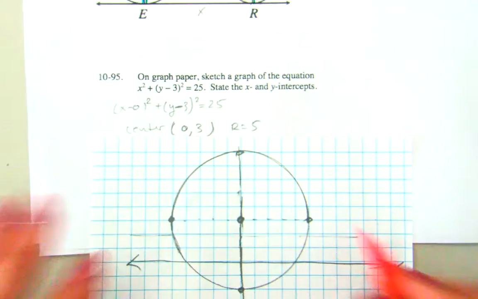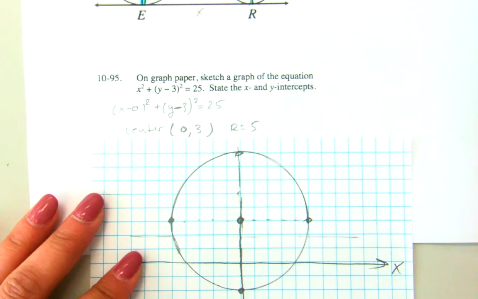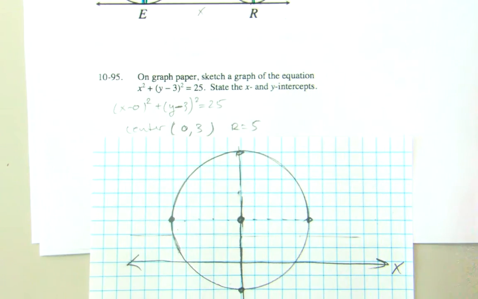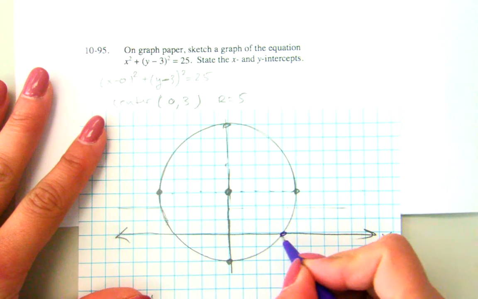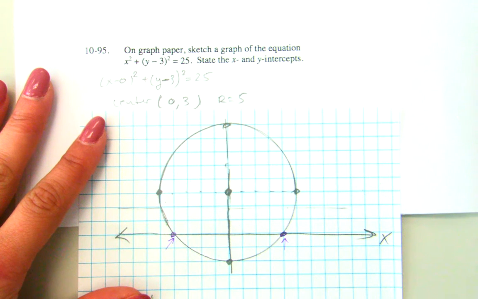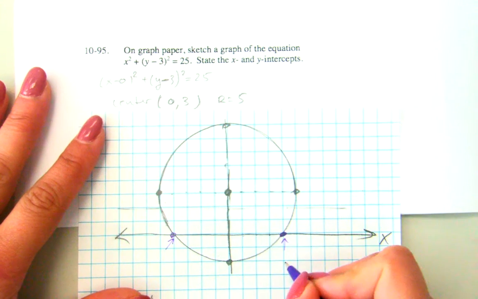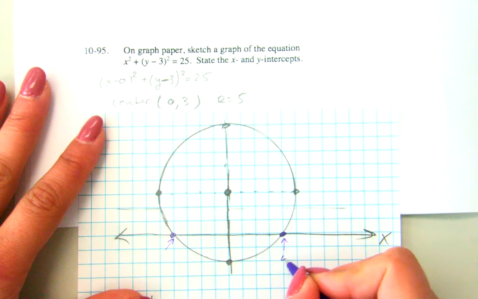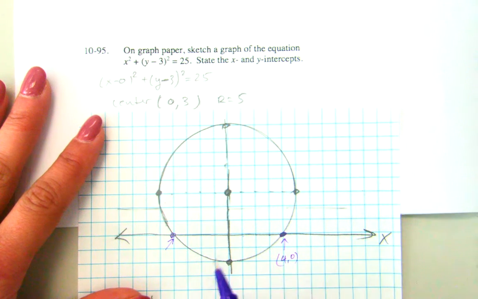Okay, so the x-intercepts, let's see, looks like they're here. There's one, there's another. So that's 1, 2, 3, 4. So that is 4, comma 0. That's one x-intercept. This one's at negative 4, comma 0.